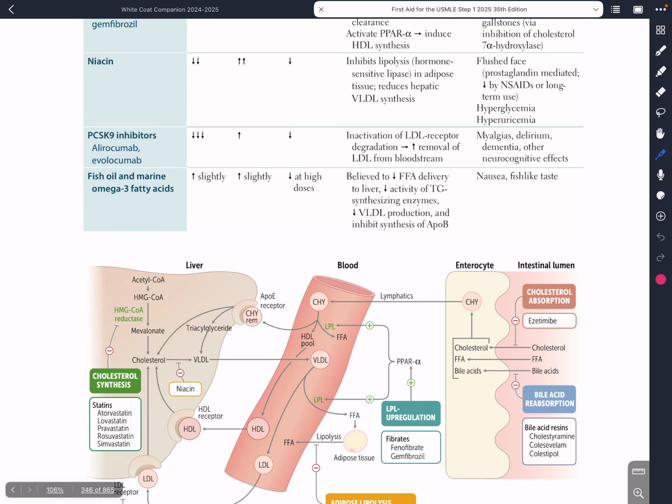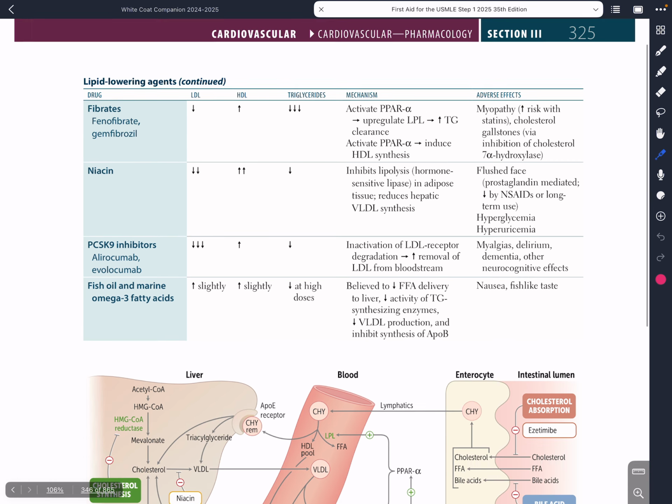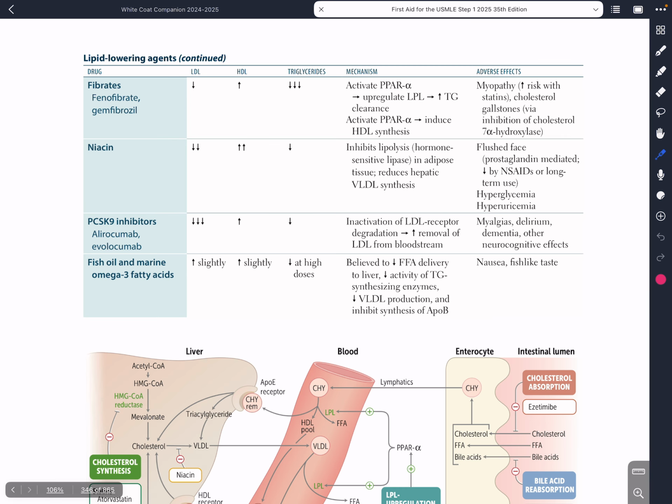Next, PCSK9 inhibitors. PCSK9 inhibitors are alirocumab and evolocumab. They are very good drugs in the sense that they decrease LDL immensely, increase HDL, and decrease triglyceride. But every good thing is very expensive, so PCSK9 is not the first drug of choice because of the cost.